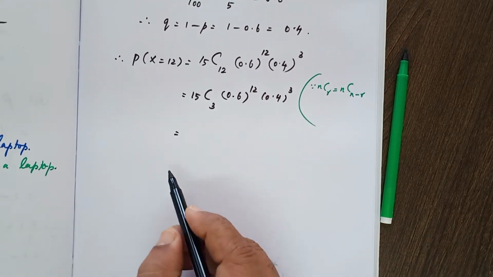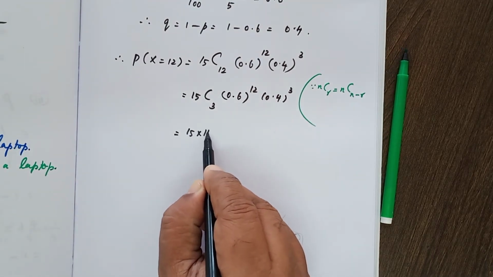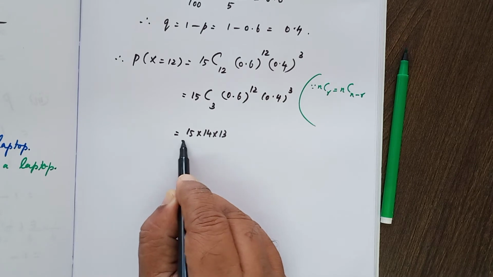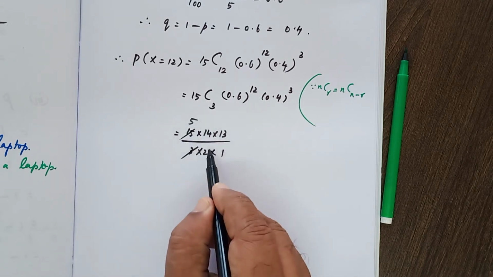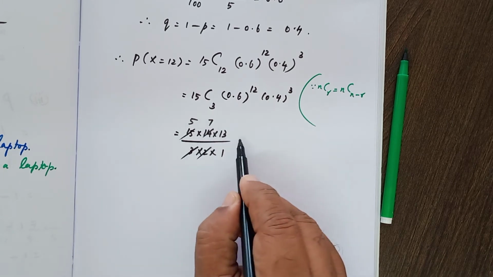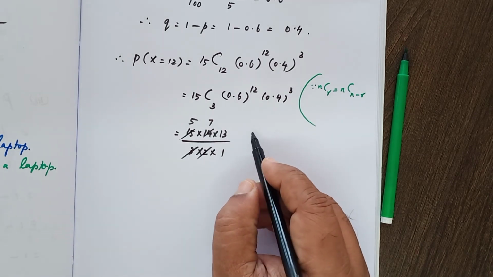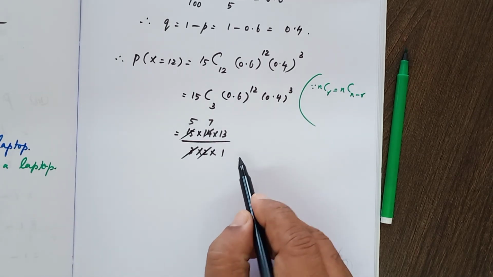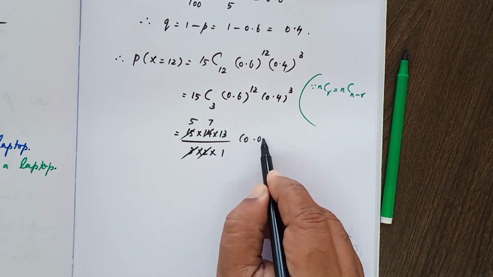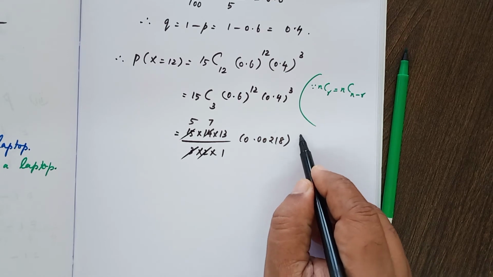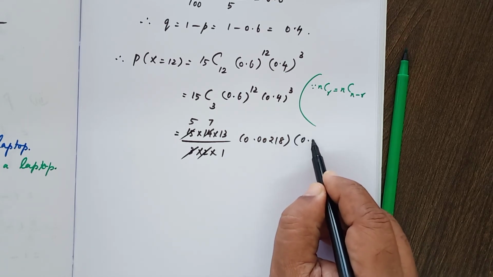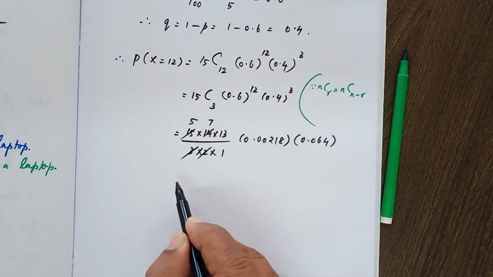15C3 you can write 15 into 14 into 13 divided by 3 into 2 into 1, divided by 3 table 5 times, 2 table 7 times. 0.6 power 12 we have written in subdivision number 1, that is 0.00218 approximate value. 0.4 power 3 is equal to 0.064.